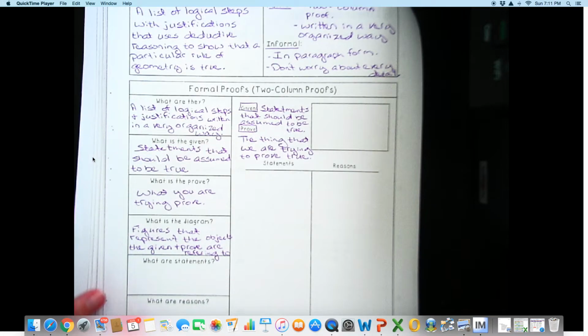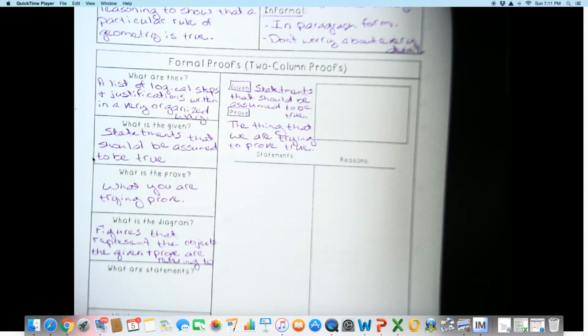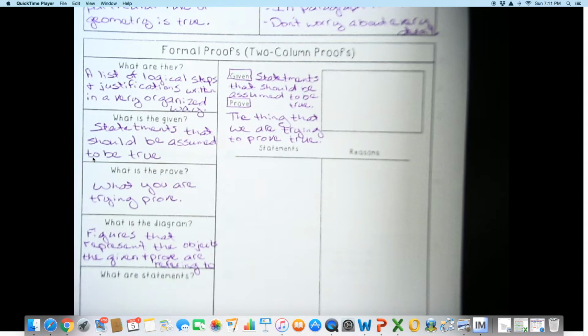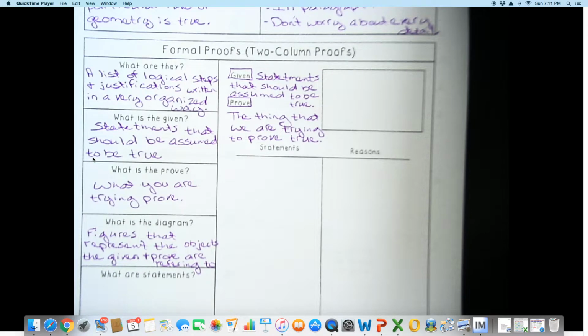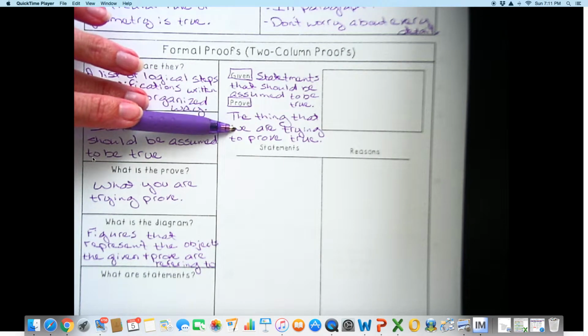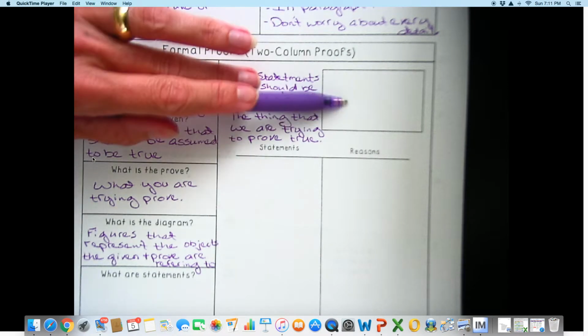Okay, so see if you can see that. I'll try to zoom it in a little bit for you. So it's referencing what they give you and what you need to prove. Okay, that's what your diagram is going to be.